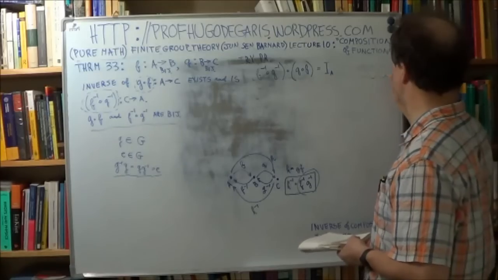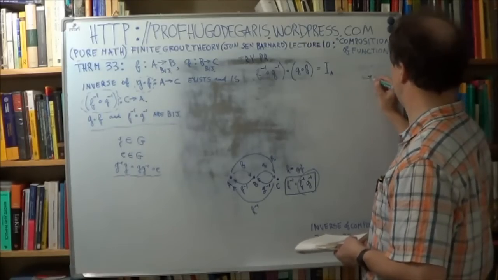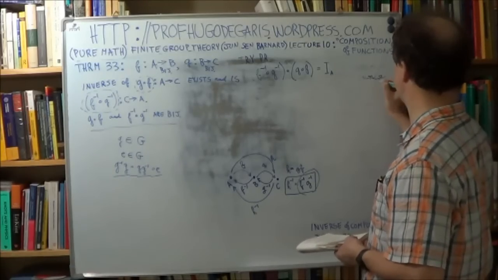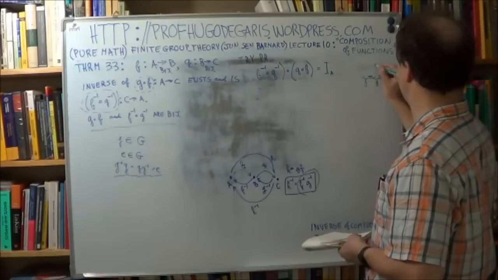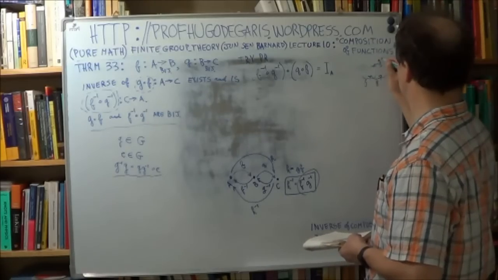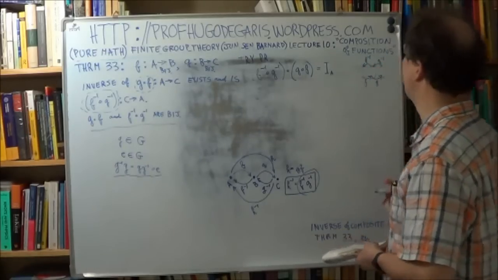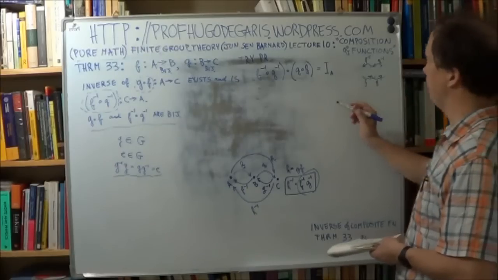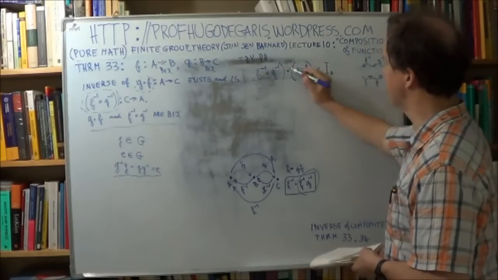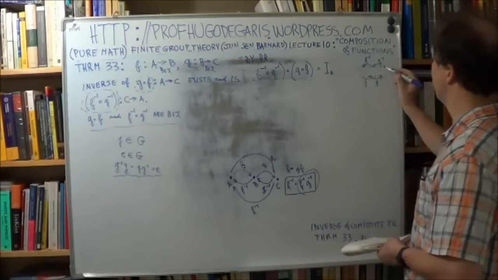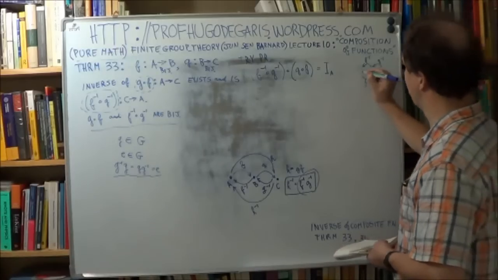F takes you there and G takes you there, and then G inverse will take you back, and F inverse will take you back further, right? So this, in a sense, cancels out that, and takes you back to where you started.